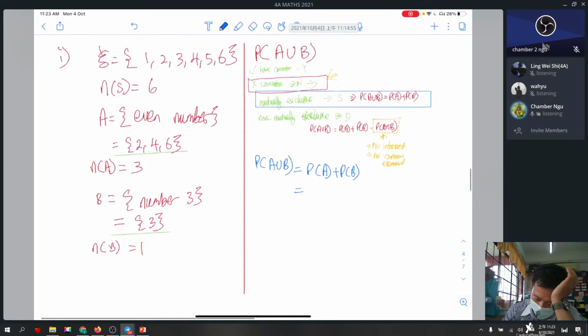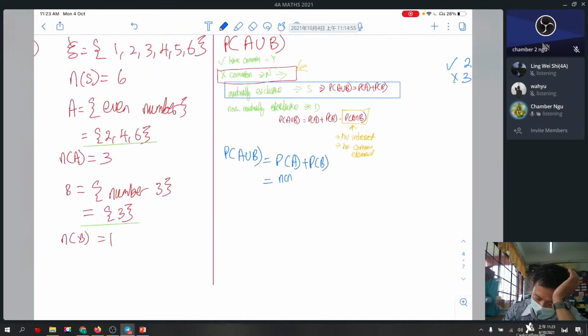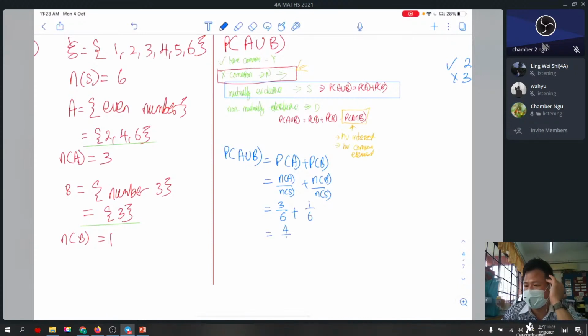So the number of elements in A divided by the number of elements in S, plus the same for B. The number of elements for A will be 3. 3 over 6 plus 1 over 6. So we get 4 over 6, which is 2 over 3. That is the answer. Clear? If clear, reply me 8. If not, reply me 9.